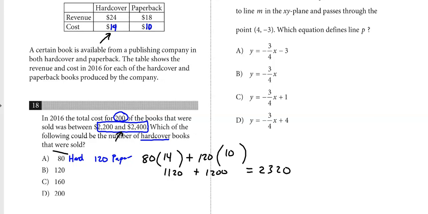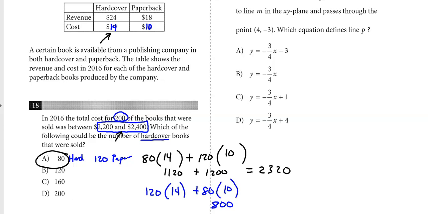So I'm liking A, but I get a little nervous when that first one works. So I might just test another one. What if we did 120 hardcovers, which to make 200 we would need 80 paperbacks. Let me get a calculator here.